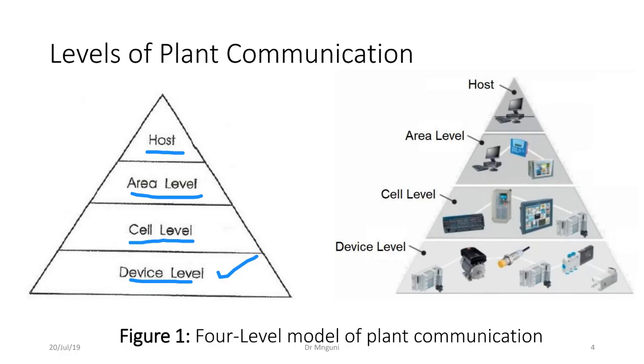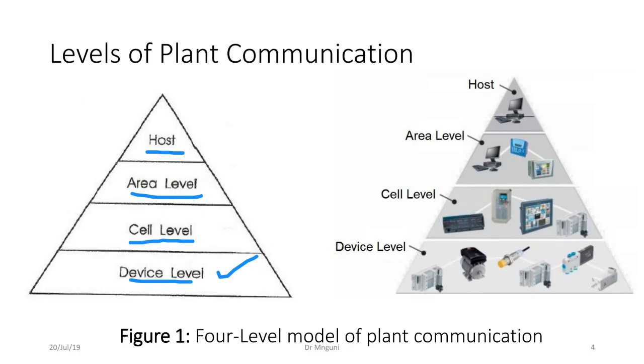I would call them components that exist in these different levels. As you can see, on device level 1, we've got all our instruments, our sensors, our transducers, and so on.